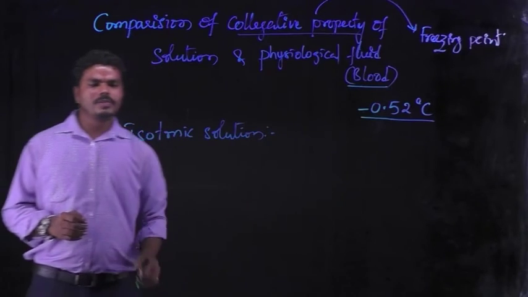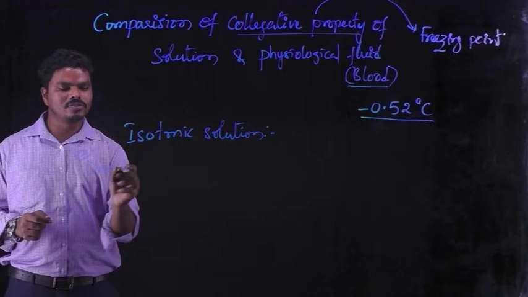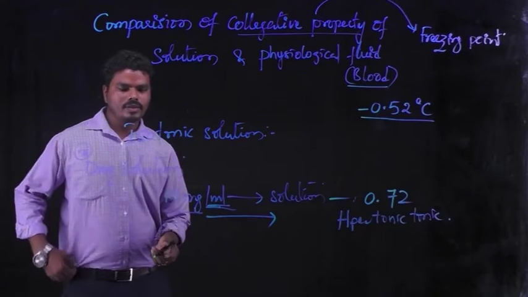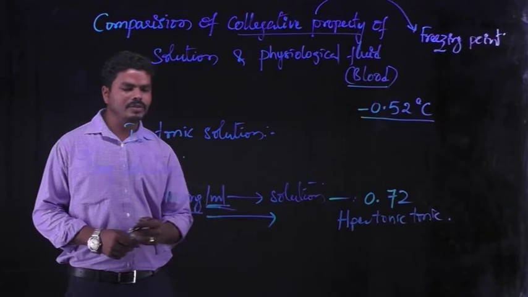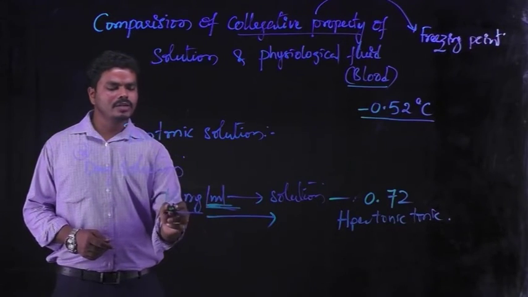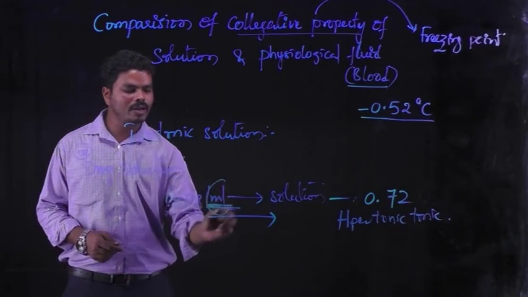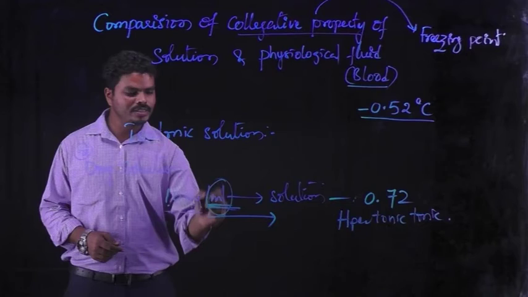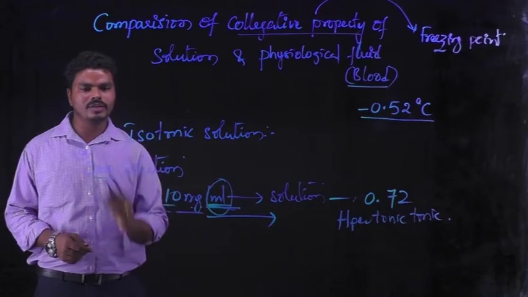Understood? So for example, if you have some X drug solution, having a concentration of 10 mg per ml, 10 mg per ml means that each ml of the solution has 10 mg of the drug.